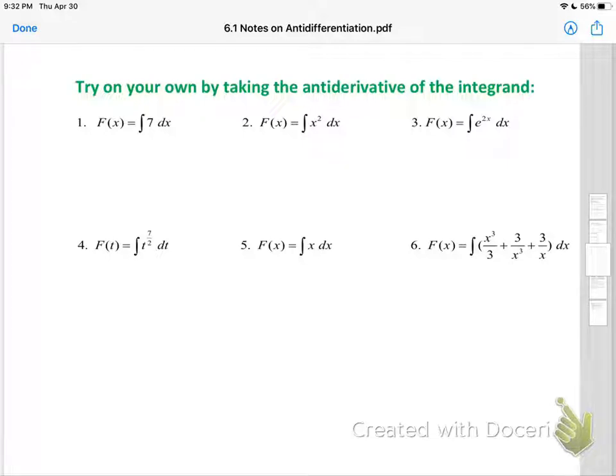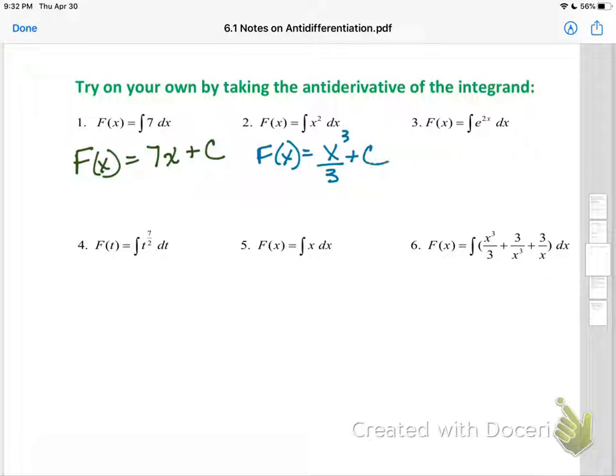Okay, so f of x equals the antiderivative of 7 dx. It's a constant, so I know my rule is going to be this: add the variable, and then don't forget the constant of integration. Okay, here's a power rule. So my f of x is going to equal, add 1, divide by the same thing, add your constant of integration.